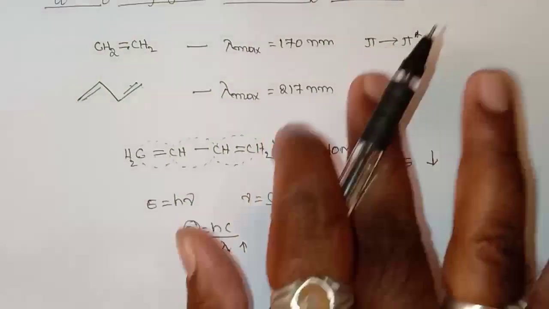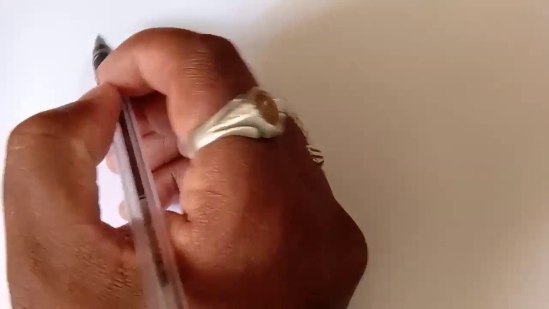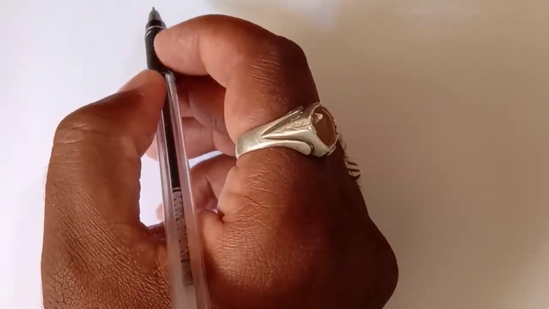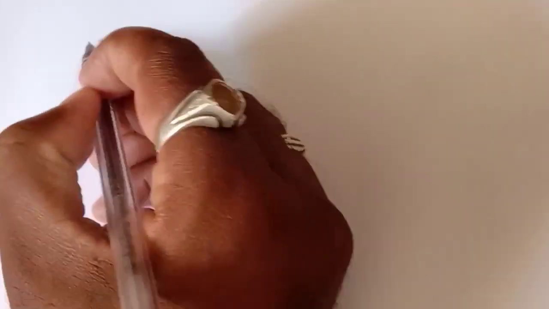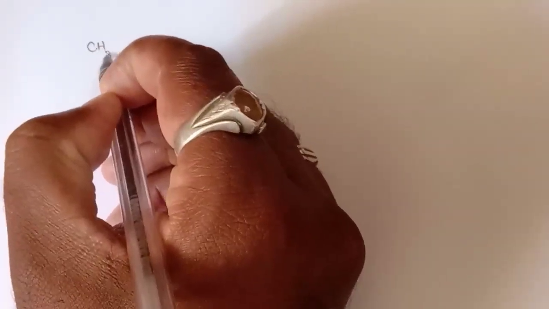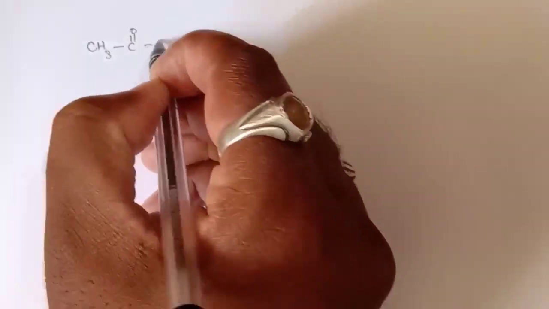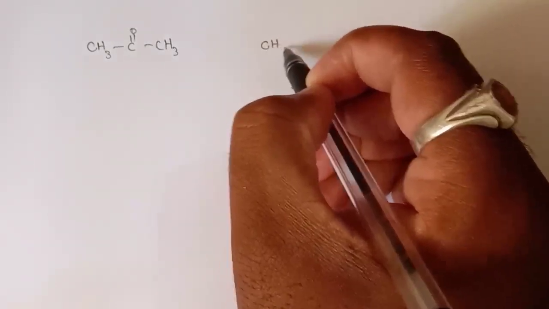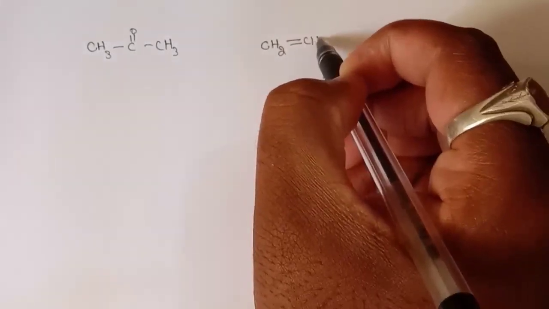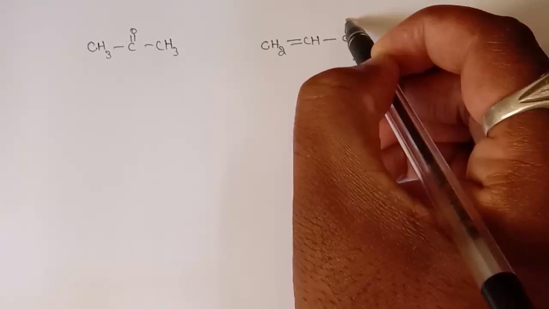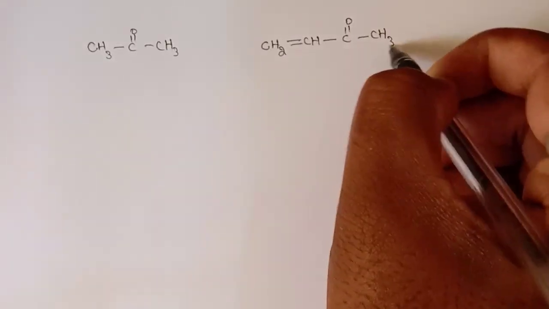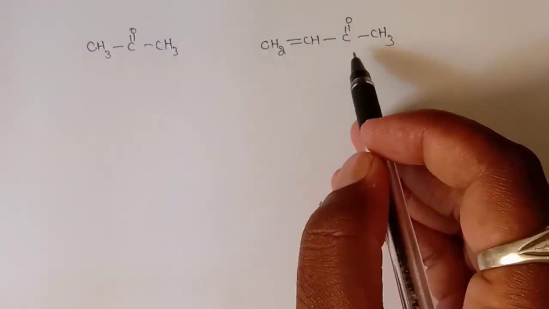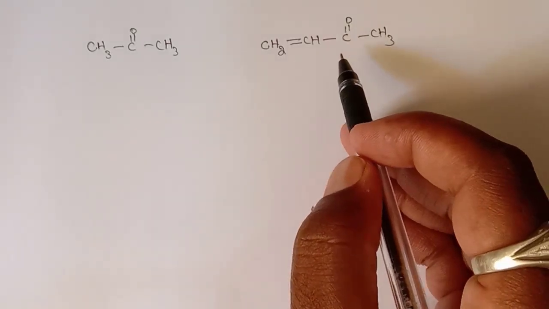Let's see the comparison of lambda max value of acetone, which has the formula CH3-C(=O)-CH3, with that of methyl vinyl ketone, which has the structure CH2=CH-C(=O)-CH3.